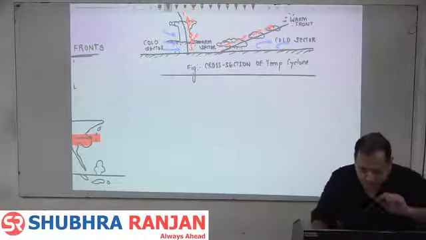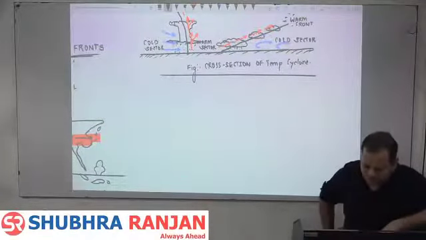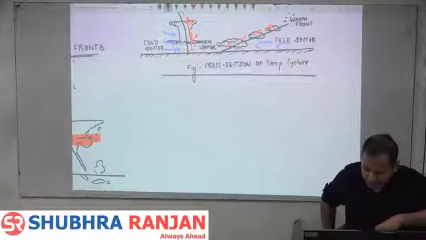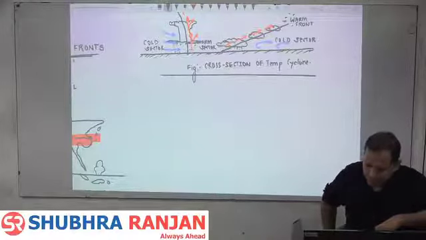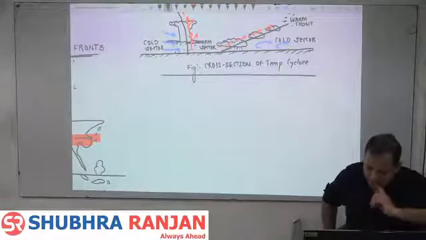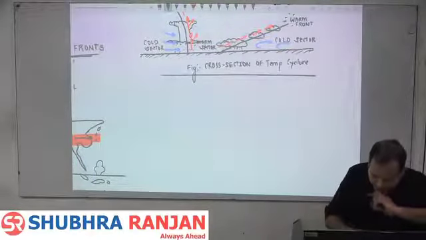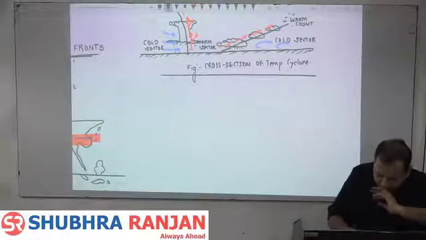Fine. So next point, cyclone tracks. First, Aleutian low, that is second. Northwest Atlantic, near North America.